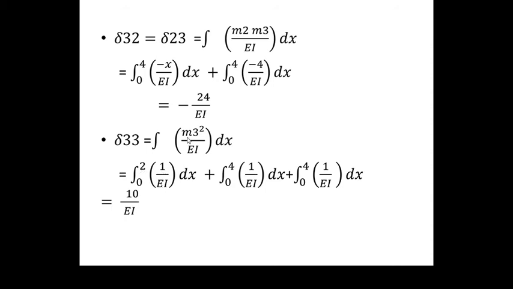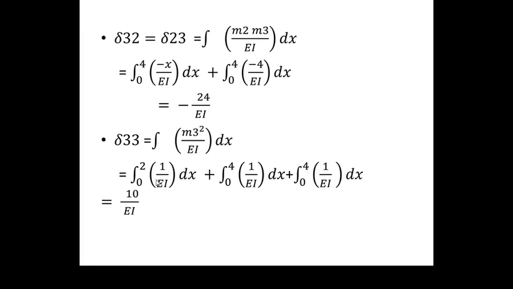You see how to get this m3 square: here delta 3, here m3, here m3 square, we get this value. 0 to 2, 1 by EI into dx, plus integration of 0 to 4 of 1 divided by EI dx, plus integration of 0 to 4 of 1 by EI into dx.